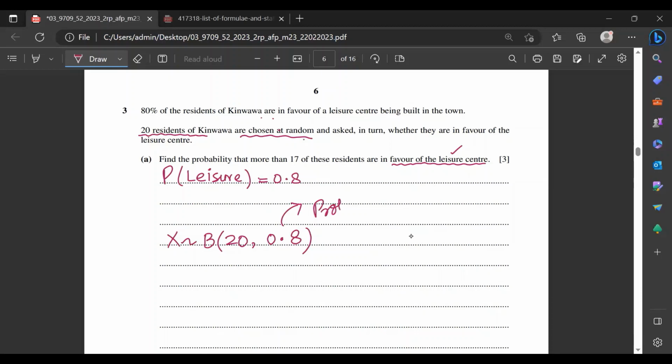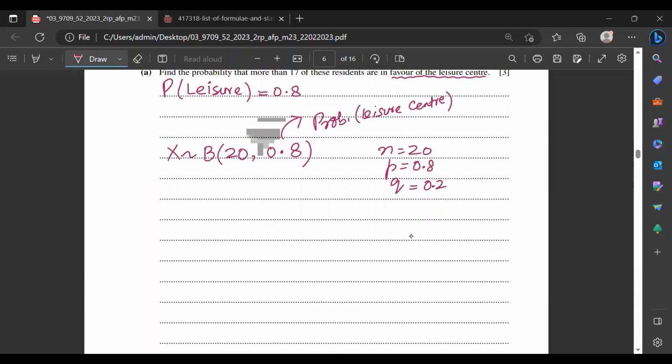So N for this question is 20, P for this question is 0.8, and Q for this question is 0.2.